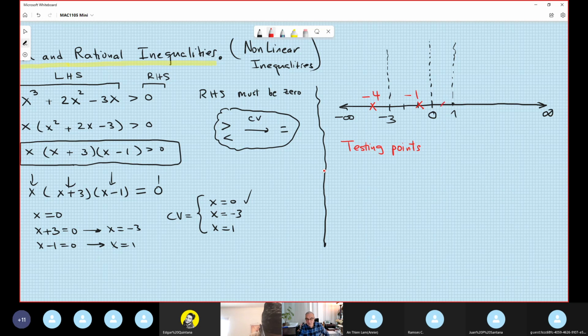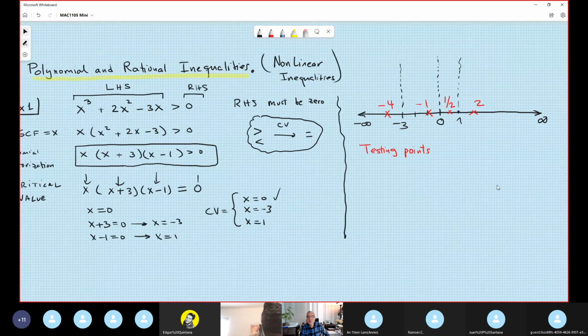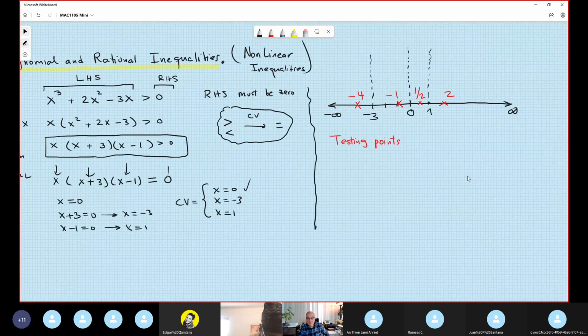Between 0 and 1, suppose I select positive 1/2. And after 1, I select another. This is our testing points. And you can plug them in one by one in the original inequality and verify whether the statement is true or false.